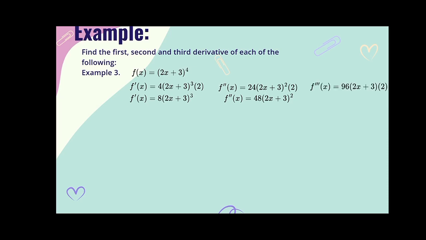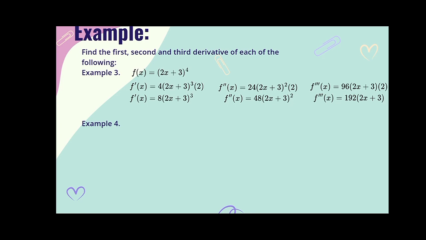Next is the third derivative. 48 times 2 equals 96, and subtract 1 from the exponent. It will become 1, times 2. Then simplify: 96 times 2 is equal to 192, and copy 2x plus 3.